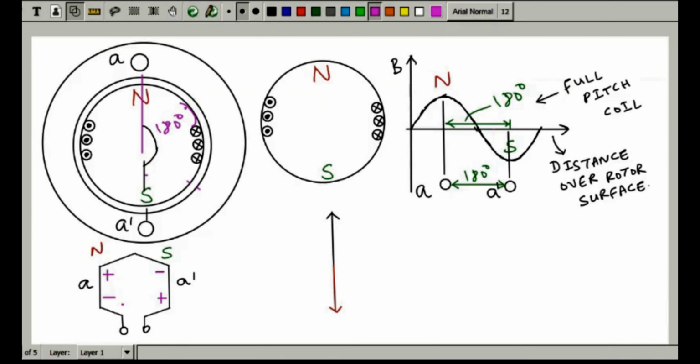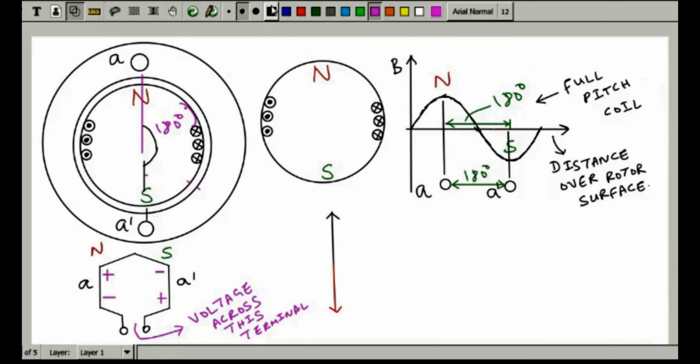Now if you take the KVL, because we are interested in knowing the induced EMF here, the voltage across this terminal. What is the voltage across this terminal?